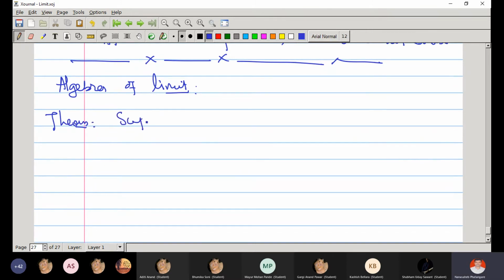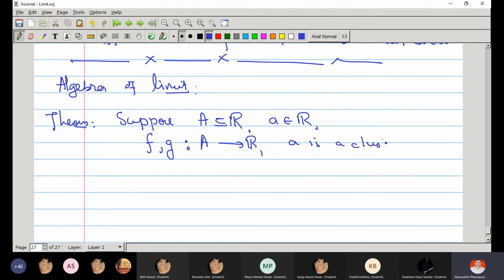So suppose E is a subset of R, A is in R, and f and g are two functions defined on A. Suppose a is a cluster point of A. So when I say a is a cluster point, what are the possibilities?